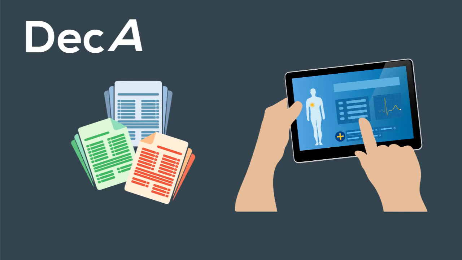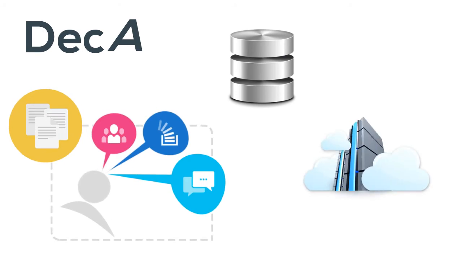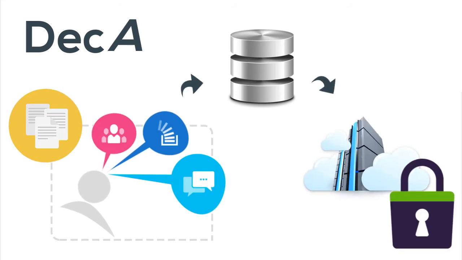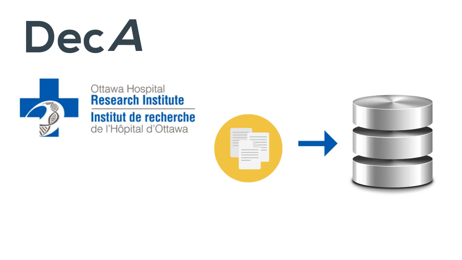How does it work? DECA is comprised of a database of patient decision aids hosted on a cloud-based secure web server. Our inventory database retrieves PDAs from repositories by the Ottawa Hospital Research Institute and the Mayo Clinic.